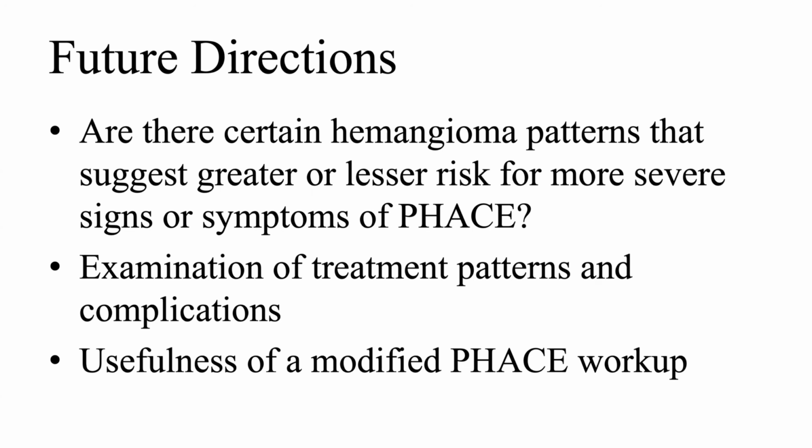We also want to look at treatment patterns and complications, both from the treatment and the hemangiomas themselves in both FACE and non-FACE patients. And then potentially examining the usefulness of a modified FACE workup, meaning checking that echocardiogram or that eye exam without necessarily getting the MRI or the MRA, which it suggests could potentially give people a false sense of security if they don't complete that workup.